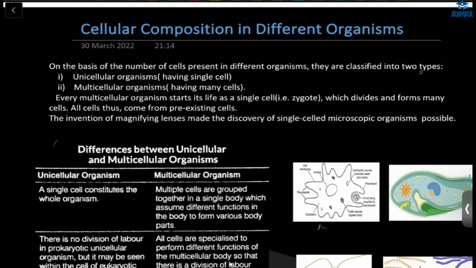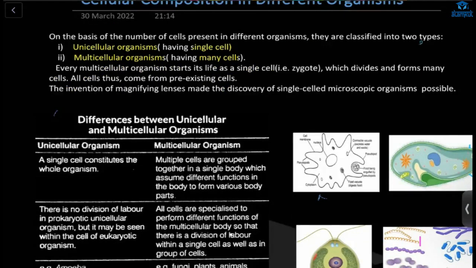Now, on the basis of the number of cells present, the organisms are classified into two types: unicellular organisms and multicellular organisms. Unicellular organisms have single cells, and multicellular organisms have many cells. We have already discussed.